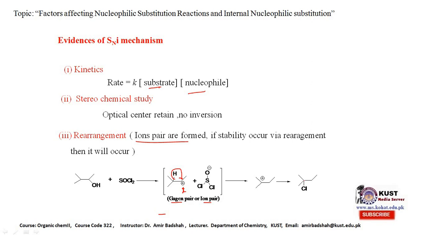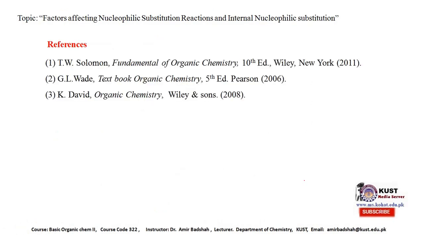It is called SNi prime substitution reaction that we will discuss in detail in the coming lecture. So why this? Because rearrangement has taken place. If there is a possibility of rearrangement in the SNi mechanism, then definitely rearrangement will also occur. These are the references for further studies.